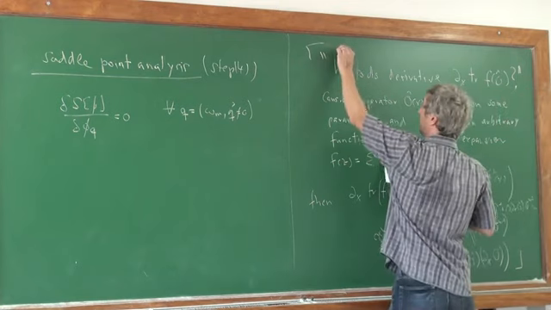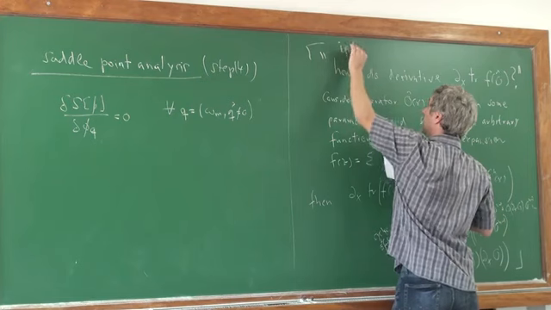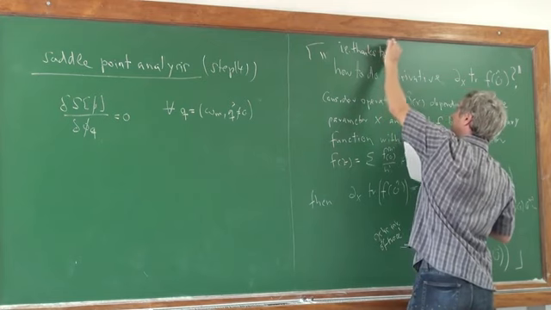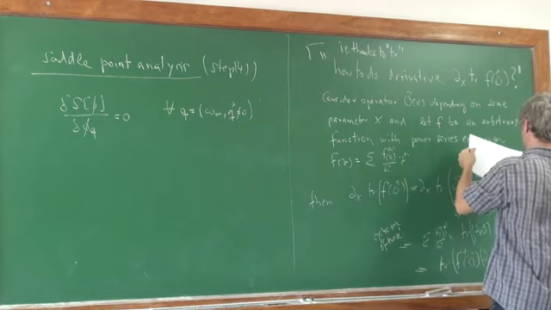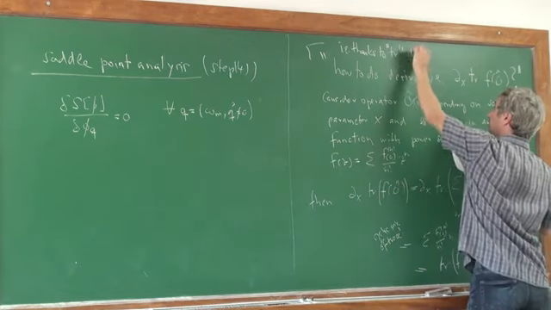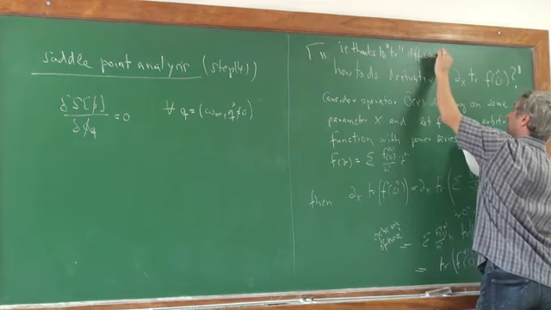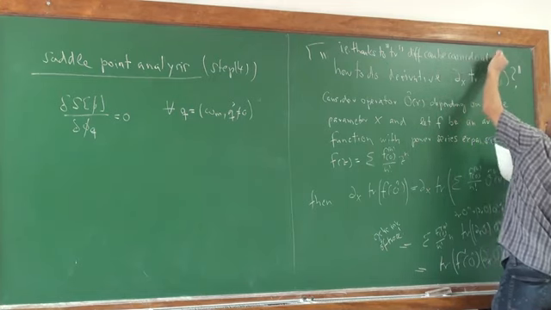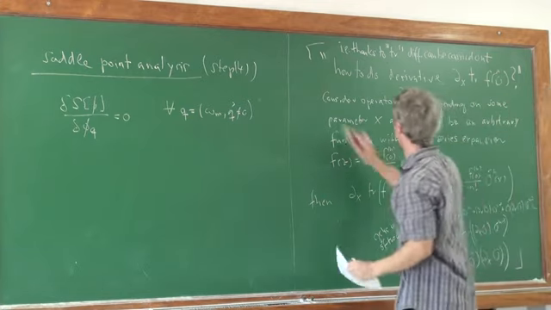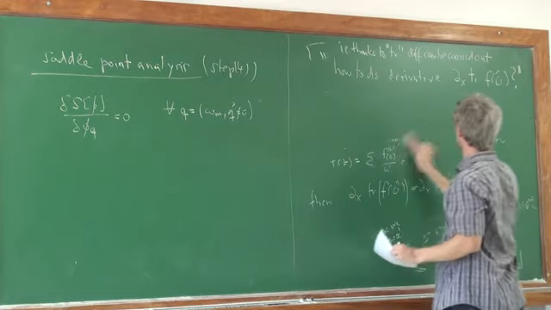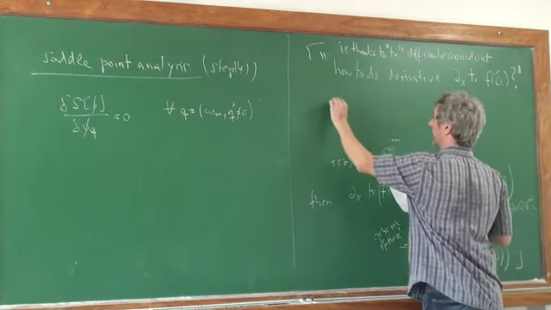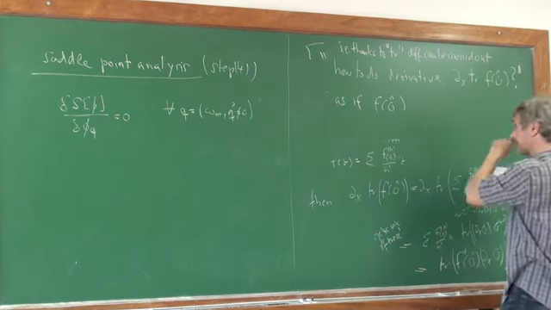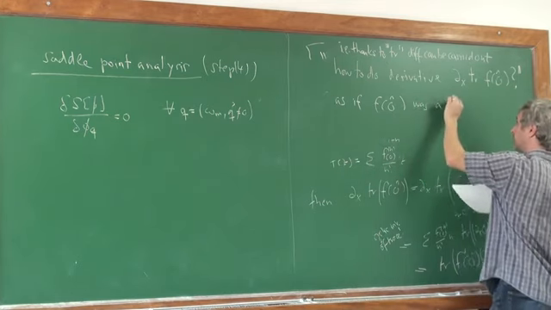Okay, so let's see if one can summarize this. What we found here, thanks to the trace, is that the differentiation can be carried out as if f of O was a usual function.